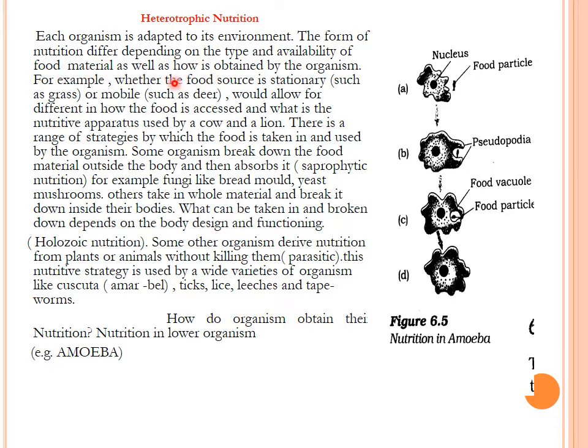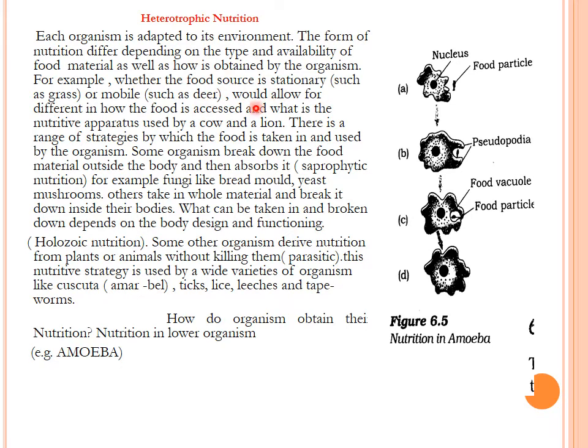For example, whether the food source is stationary, fixed at one place, like grass, or mobile and able to move, like animals. A deer will move, so the tiger or lion has to prey on that organism.